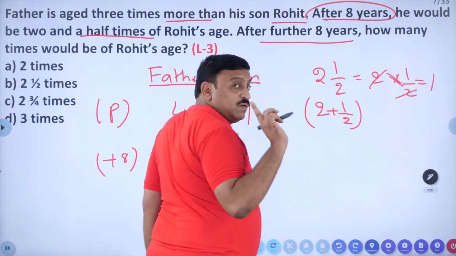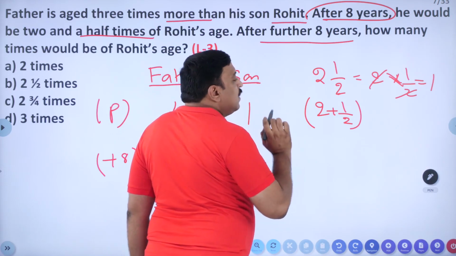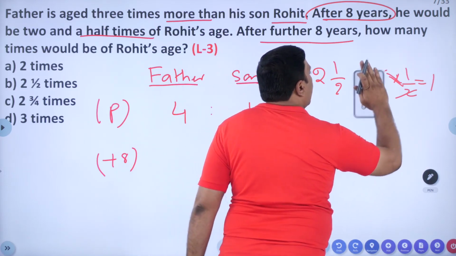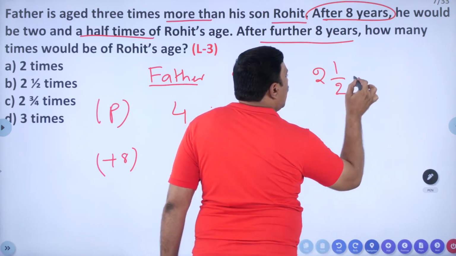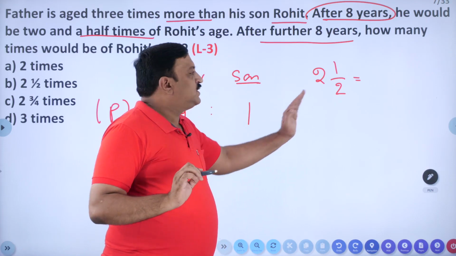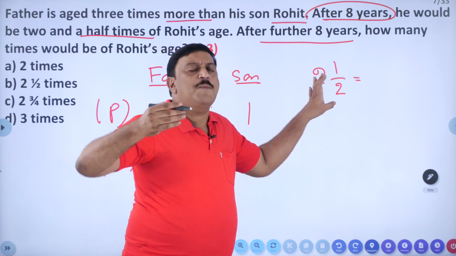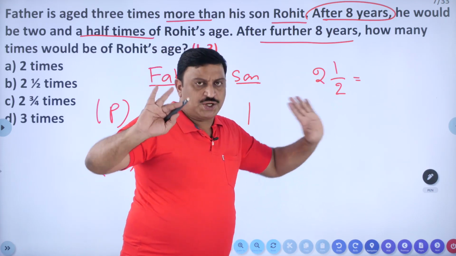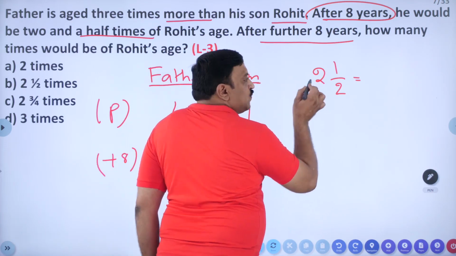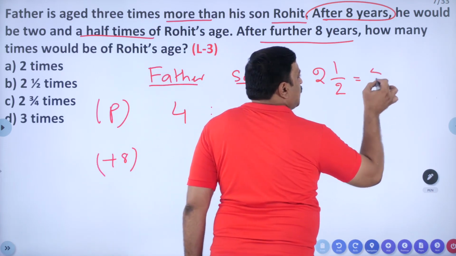You should be very cautious while doing this one. But now this 2.5 is a mixed fraction. Just convert this one into an improper fraction. That is 2 twos 4 plus 1. That is 5/2.